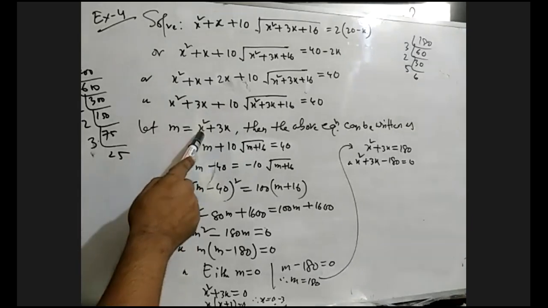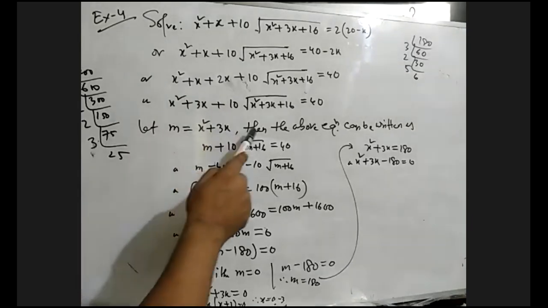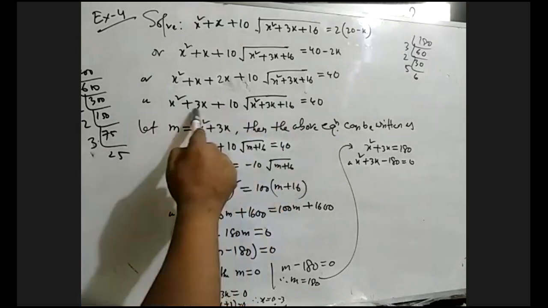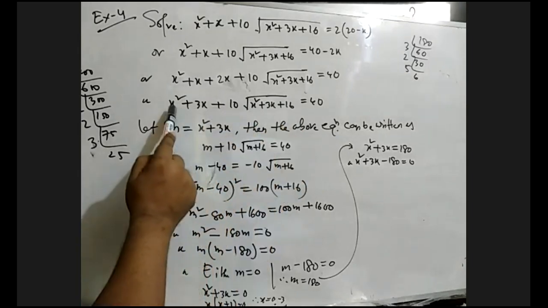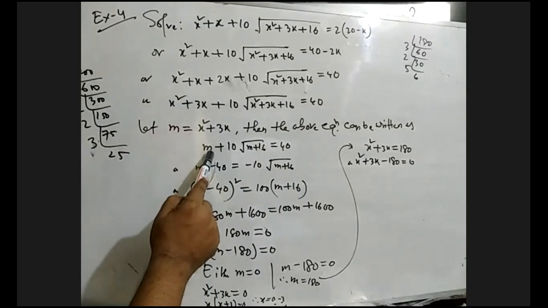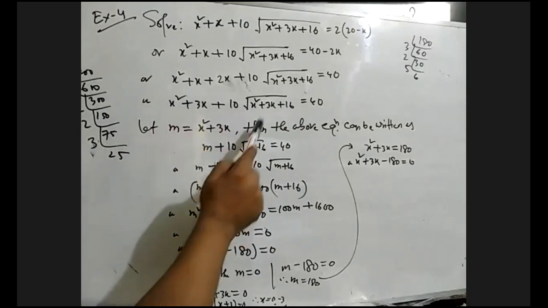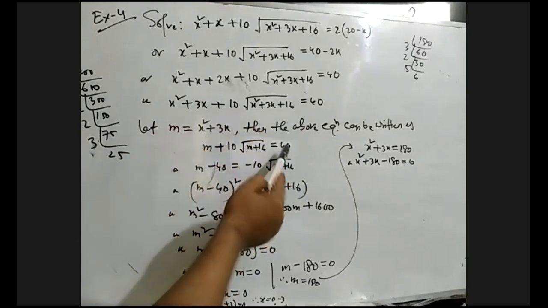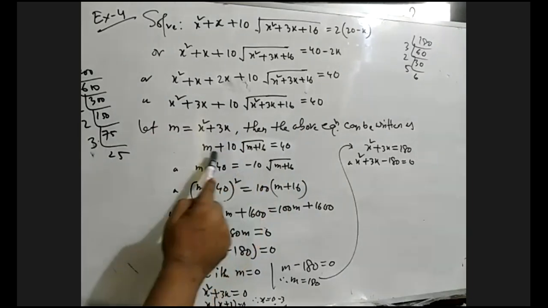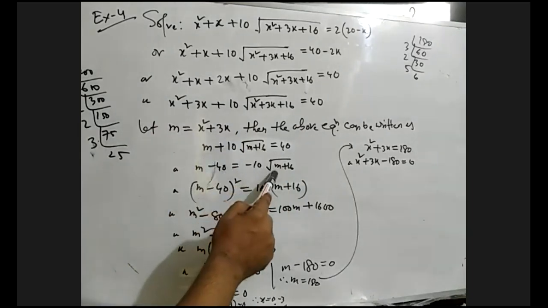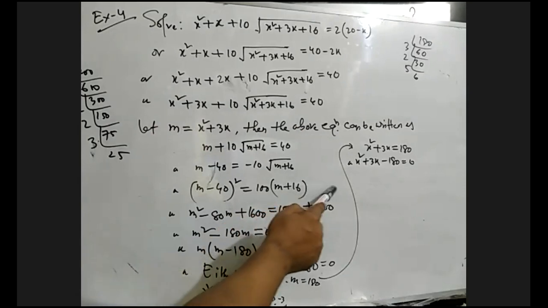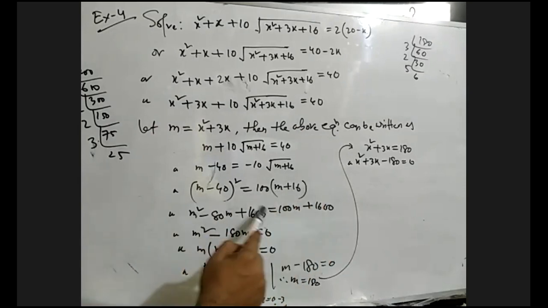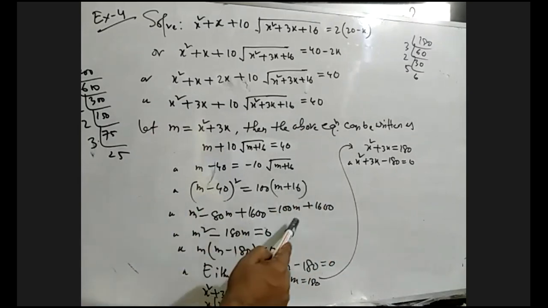Taking m equals x square plus 3x, the above equation can be written in a simpler form: m plus 10 root over m plus 16 equals 40. Now rearranging, we get m minus 40 equals minus 10 root over m plus 16. Squaring on both sides, the m minus b whole square formula gives this, and the 1600 on both sides will be cancelled.